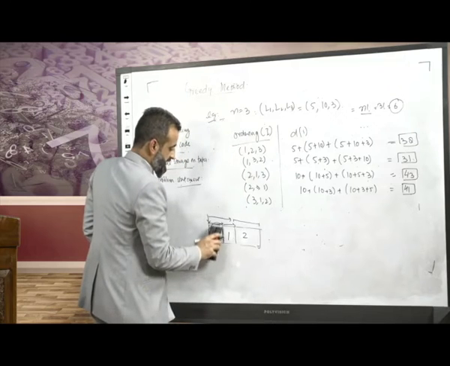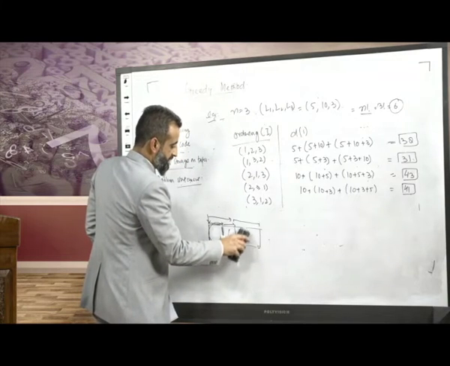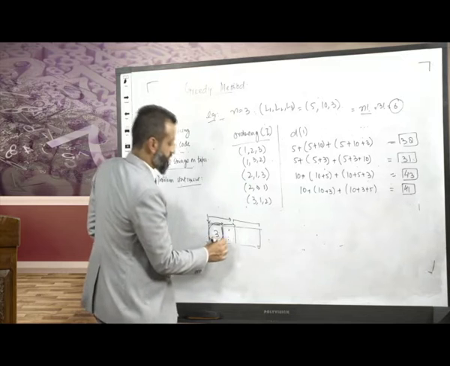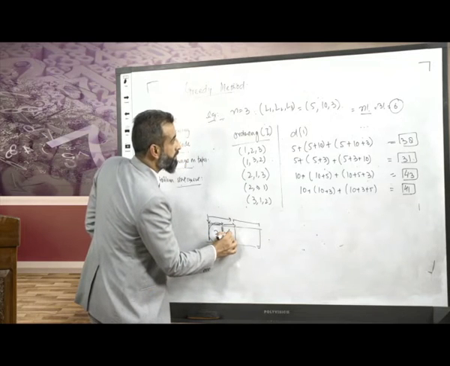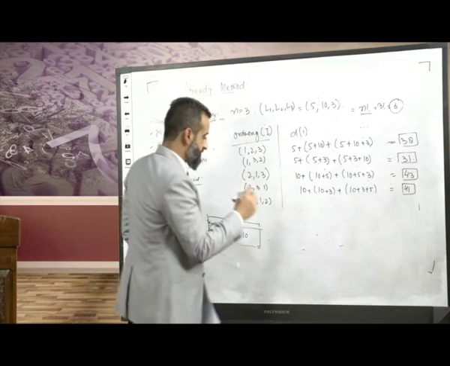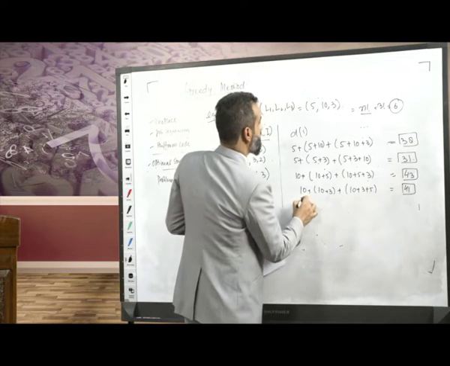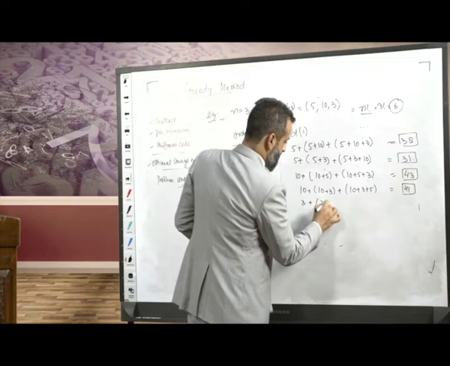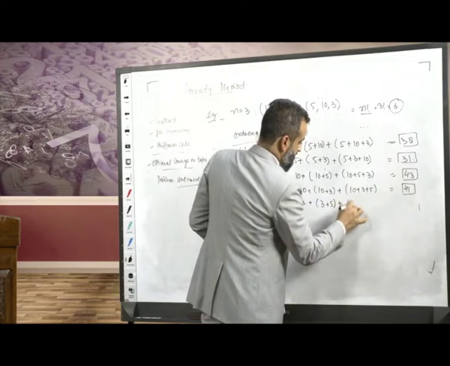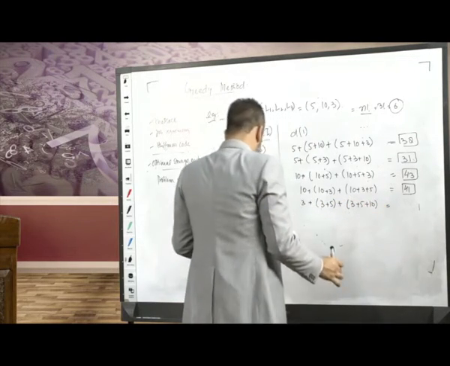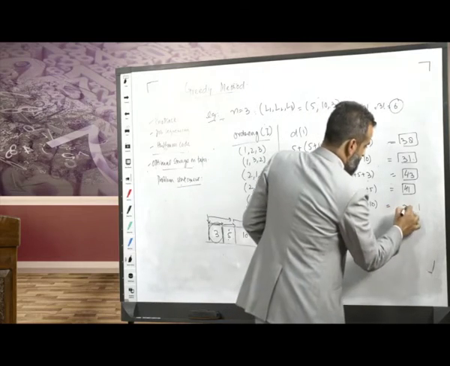Let's see the lengths of these. Program 3 has a length of 3, 1 has a length of 5, and 2 has a length of 10. So what is the retrieval time? For the first it's 3, for the second program it's 3 plus 5, and for the third program it's 3 plus 5 plus 10, which sums up to 29.